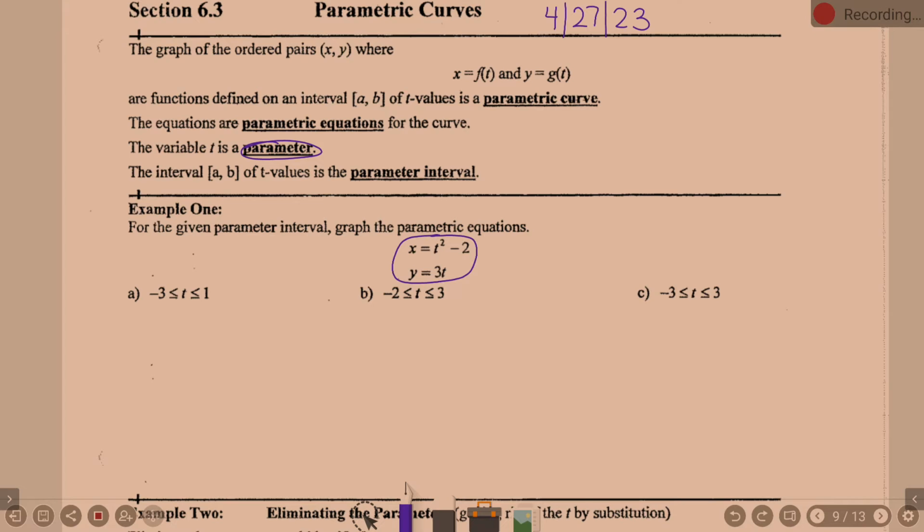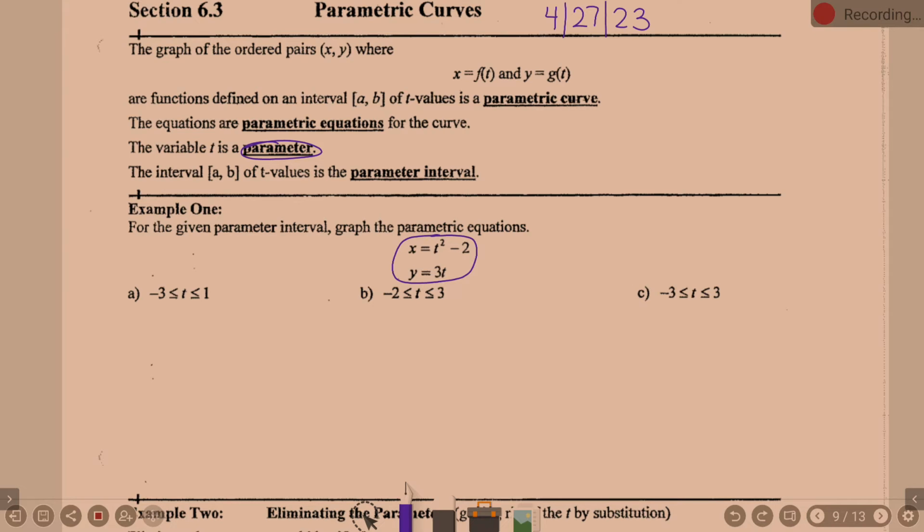Now, we're going to do this 3 different times on different intervals. As we look at A, it's asking us to graph the parametric equations on the interval when t is between -3 and 1.